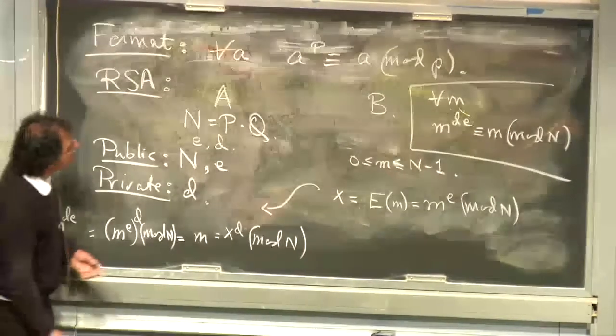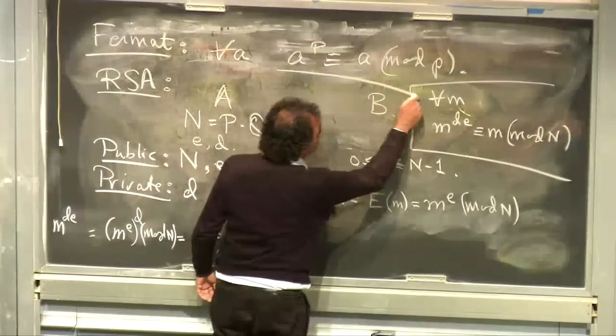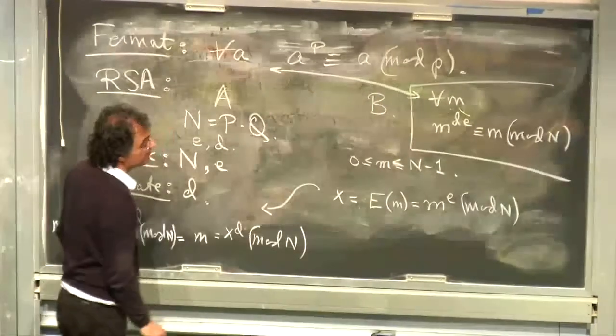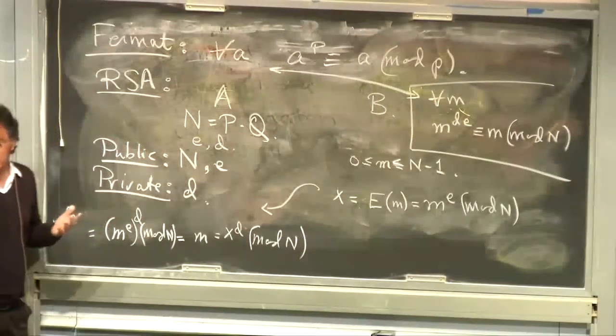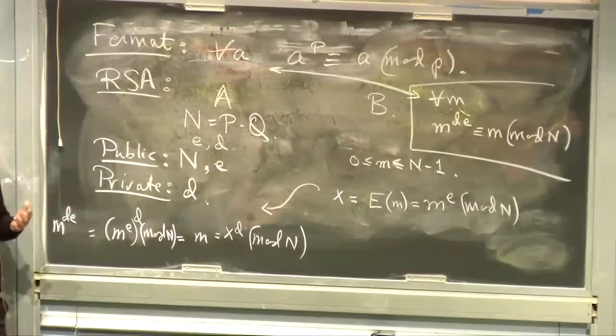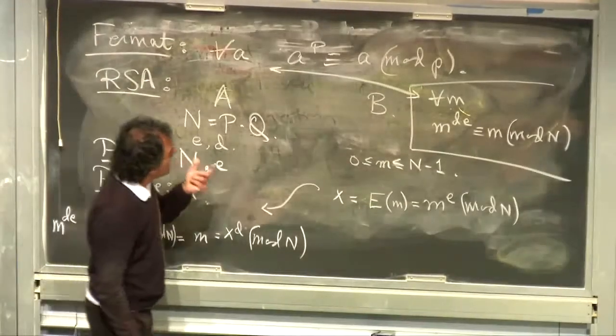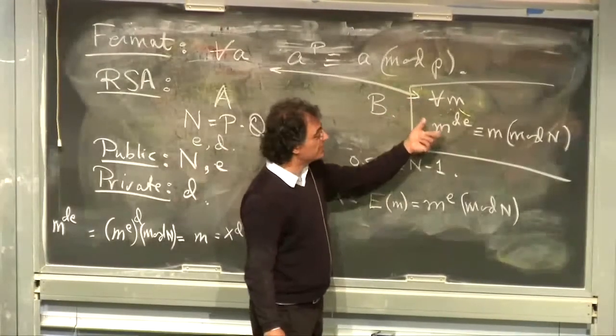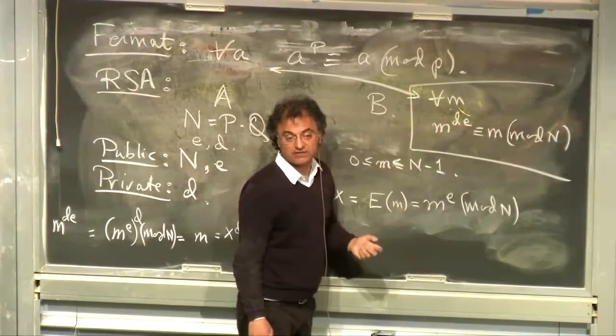Now you should be able to see that there's something very similar about Fermat's little theorem and this RSA property. And that'll show us how we should pick D and E.